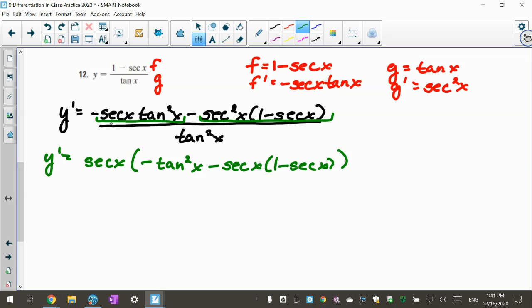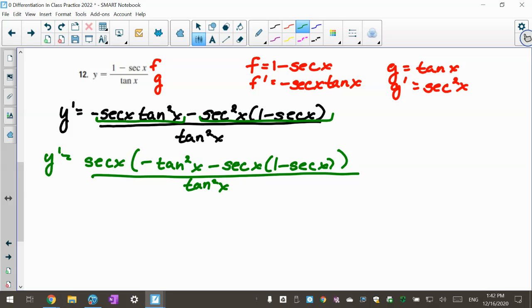So all I did was divide the secant x out of this first term, so there's a negative tan squared left, minus there's only one secant left as I divide that out, all over g squared.